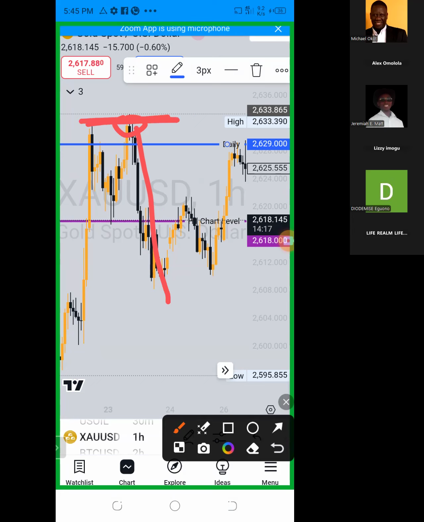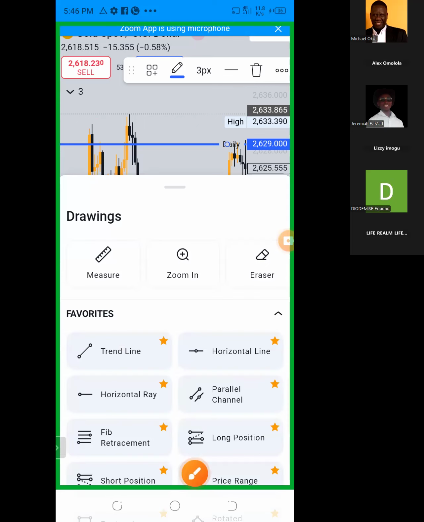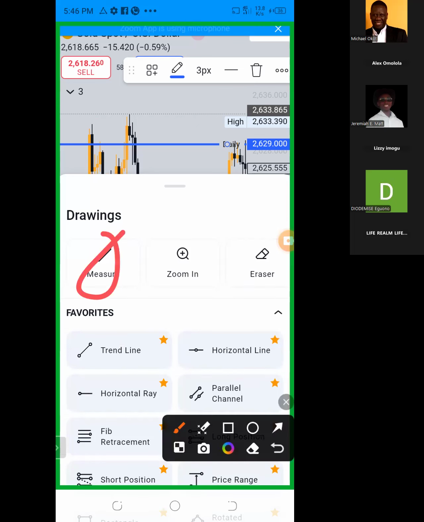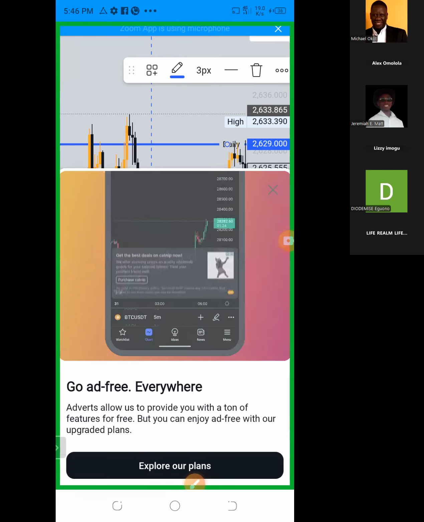You know, trading is about psychology. Participants of this market know that previously this price got into this place and it sold massively. How many pips? Let me see. I'm clicking on this measurement tool to measure pips here. How many pips from this place down?